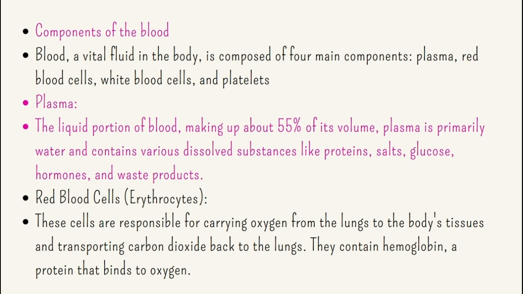Now this word right here, erythrocytes, I can't even pronounce it myself, basically is the same thing as red blood cells. It's just the more technical name for red blood cells. But just remember that plasma is the liquid part of the blood, and red blood cells carry oxygen and contain hemoglobin. So just remember those main things about these two.